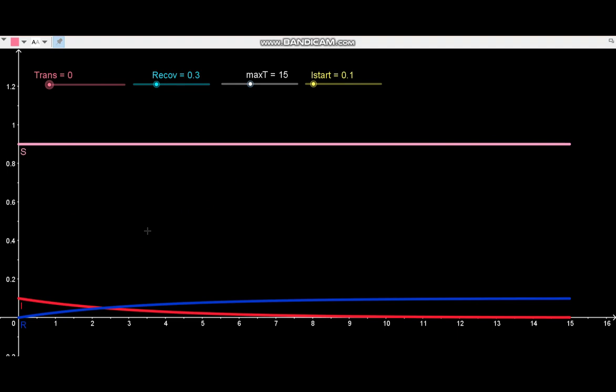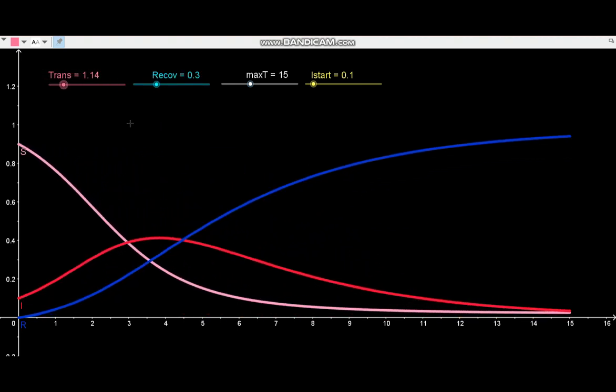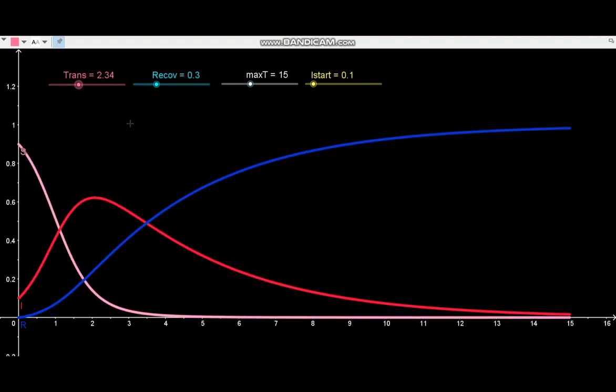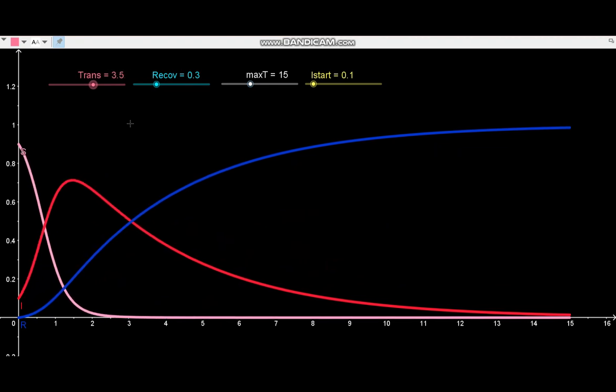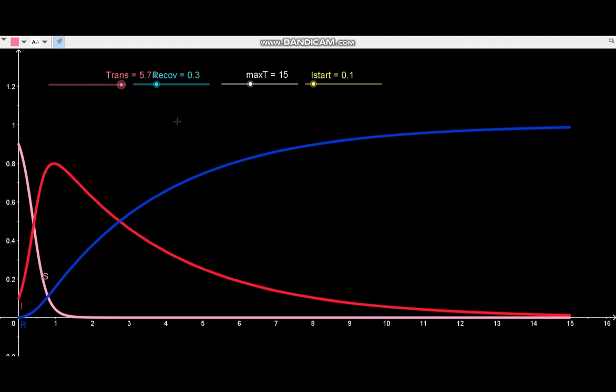So we can see that the blue line approaches back to the original point of the red line at time 0. Once we start to increase the transmission rate here, which is the same as the infection rate, we can see that the red line increases rapidly in the early time period. Let's stop.